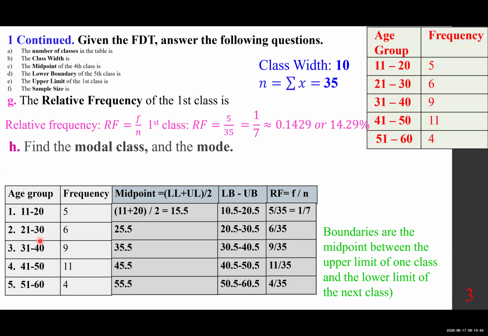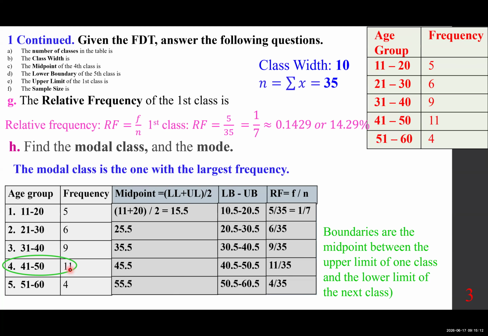Again, do you have to do it for every class? No, because the width is 10, just keep on adding 10. So which one has the highest frequency?